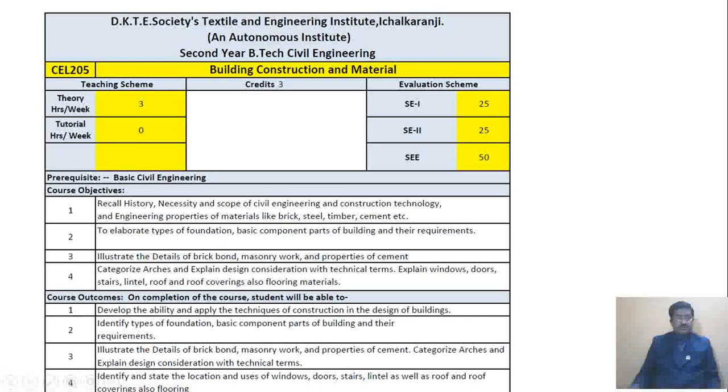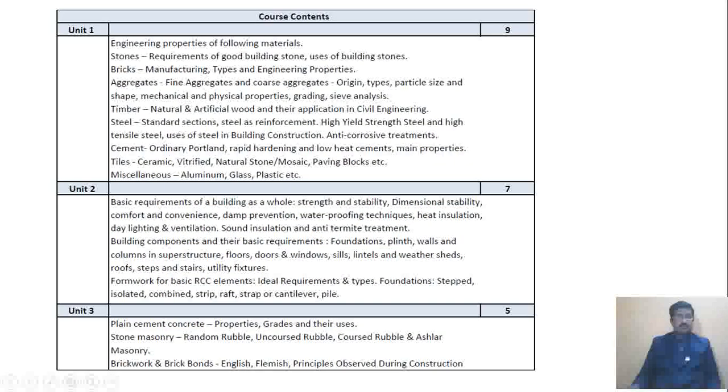They should be able to illustrate the details of brick bond, masonry work, properties of cement, categorize the arches and explain the design considerations and technical terms, and identify and state the location and uses of windows, doors, stairs, lintel as well as roof and roof coverings and also flooring.